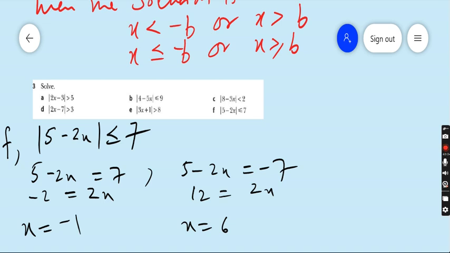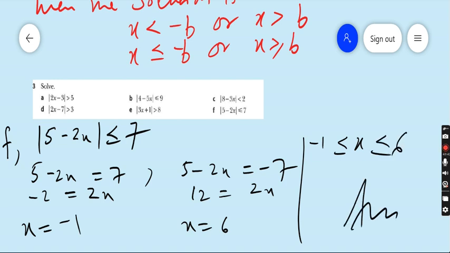Because the less than or equal to sign is given, our answer should be x greater than or equal to -1 and less than or equal to 6. This is our final answer. So hope you completely understand question number 3, all parts. Now move to question number 4.